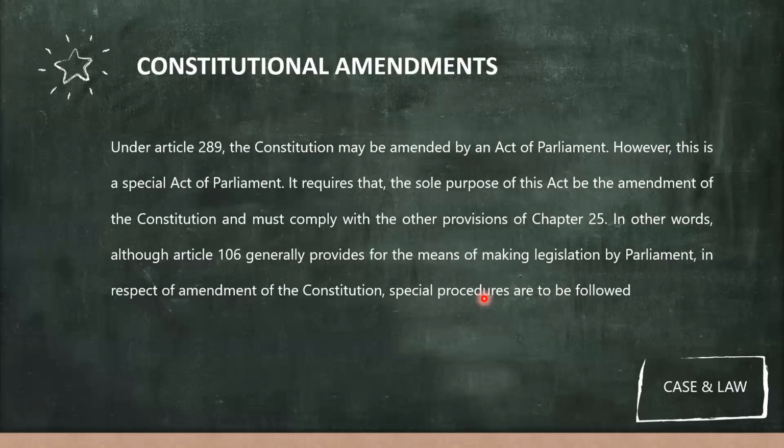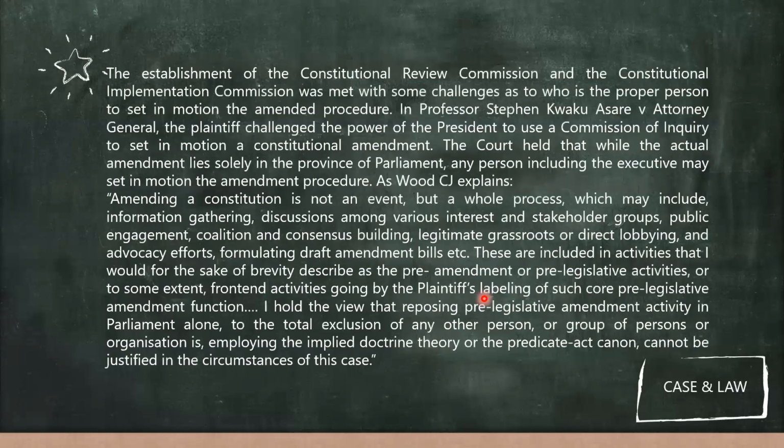You can see that under Article 106, but under Article 289, it provides special provisions on amending the Constitution. And we have already mentioned that such an act of Parliament is passed solely for amending it and would not include any other provisions. I hope that point is made abundantly clear. Let's move on. Good.